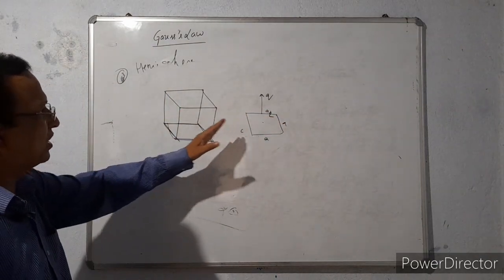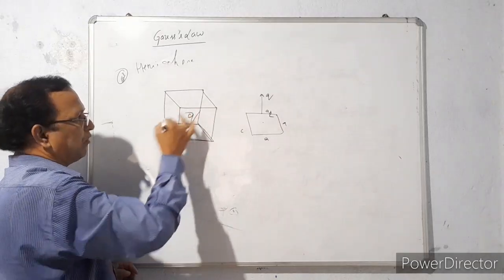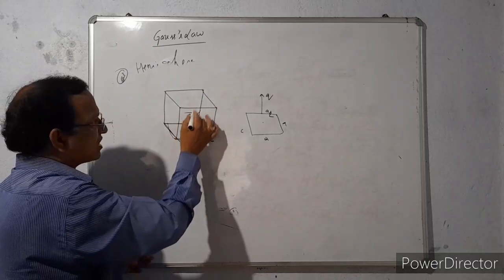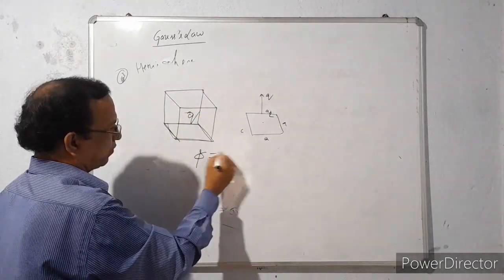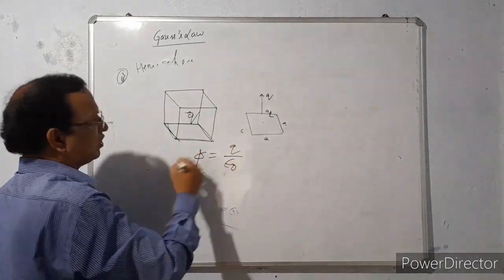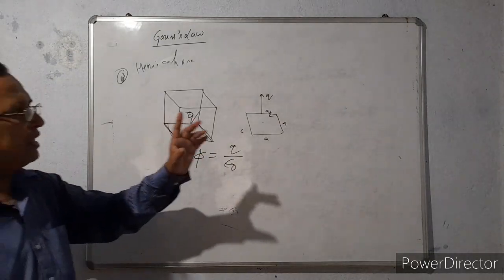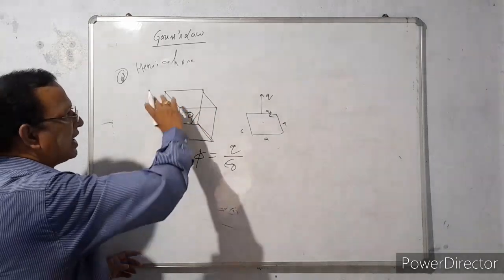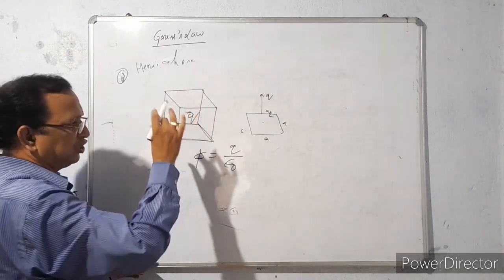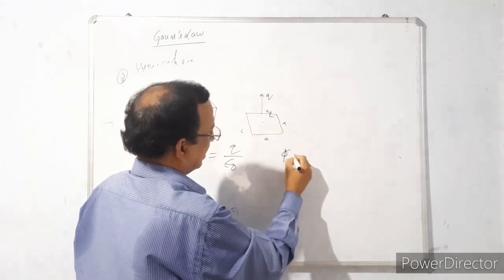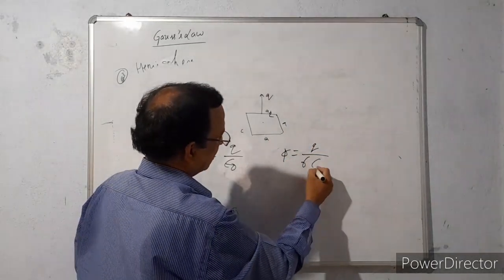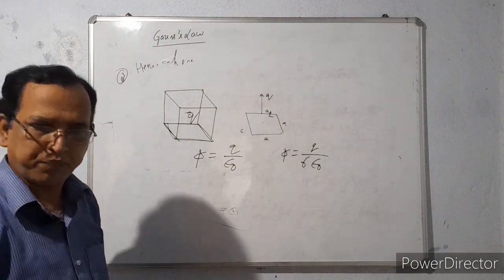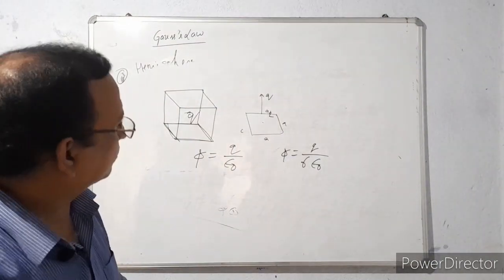If it is symmetric and a charge is there, we can find out the flux. In case of a cube, the flux is equal to Q by epsilon naught. From a plate, that means a face, only one. In case of a cube, there are 6 faces. So in this case phi is equal to Q by 6 epsilon naught. Confirm?